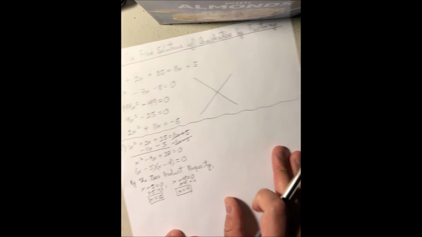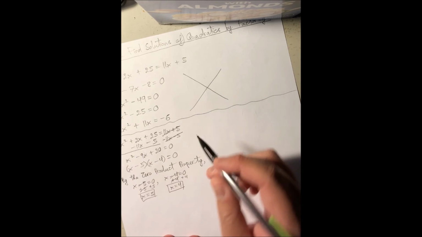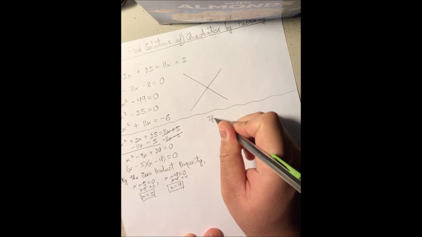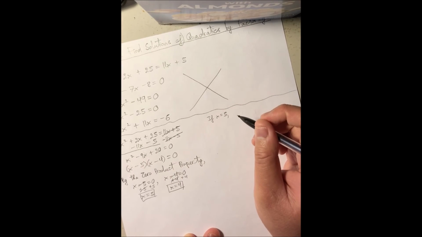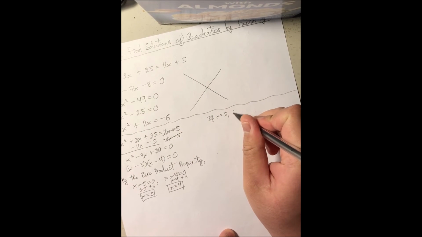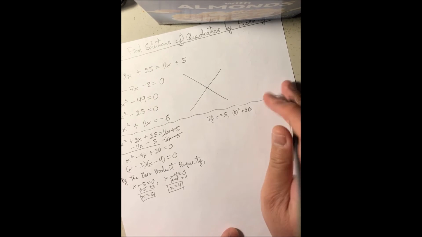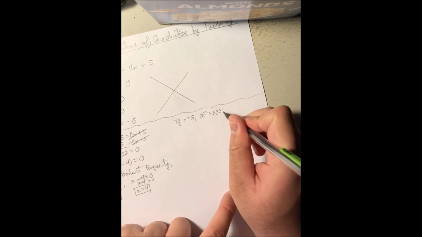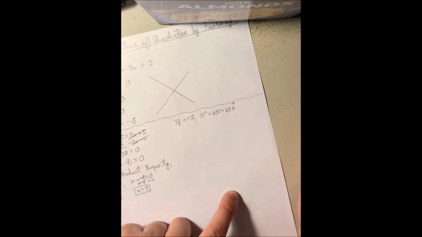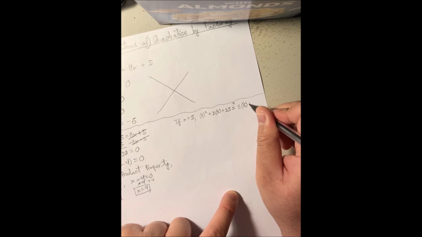Well, are they really the solutions? That's when we check by plugging each of them into the original equation. So if x equals 5, is it true that the left is equal to the right? 5 squared plus 2 times 5 plus 25 equals, with a question mark on top, 11 times 5 plus 5.